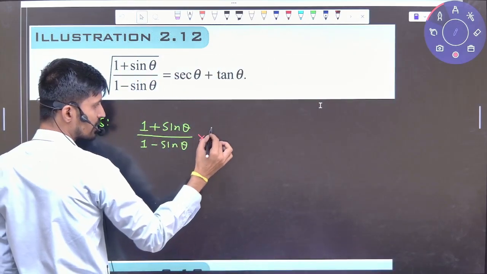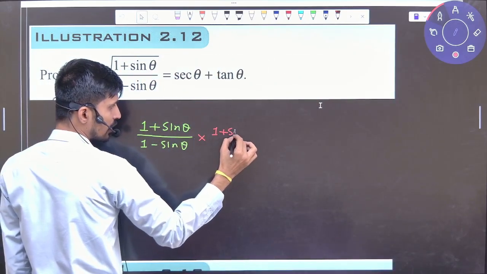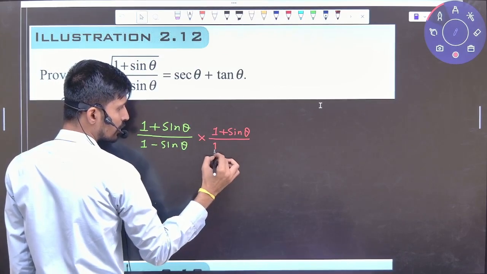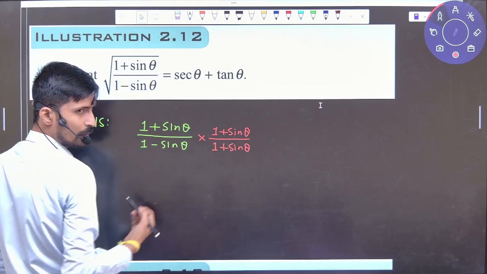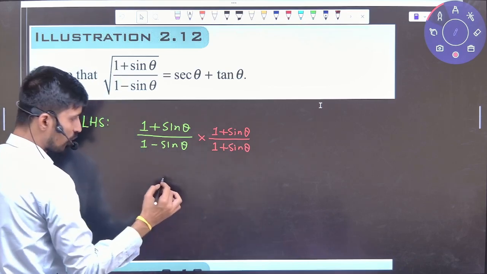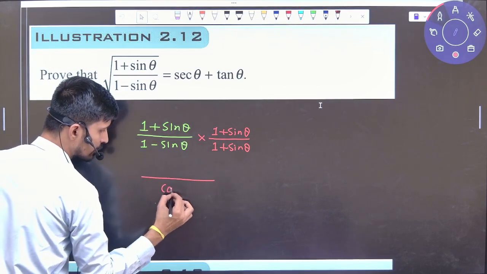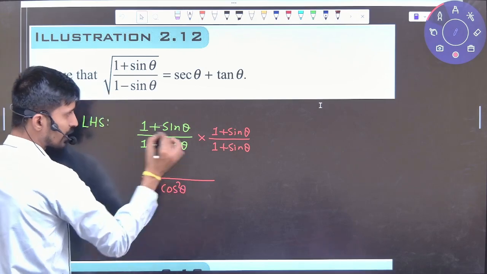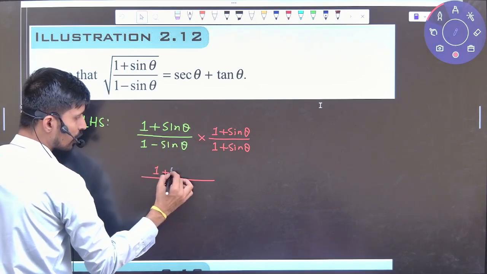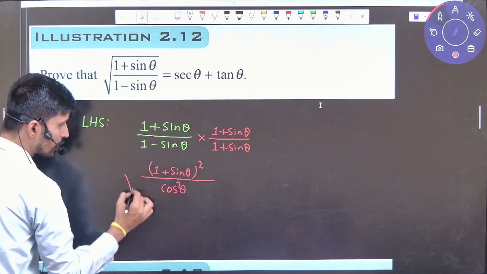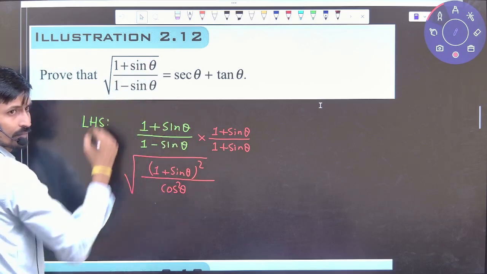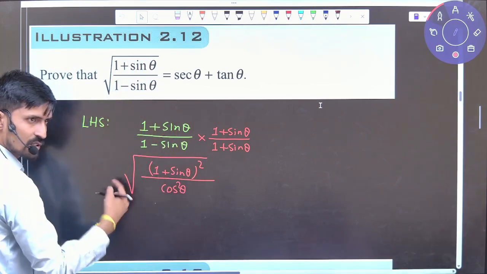1 plus sin theta upon 1 plus sin theta. Now 1 minus sin theta into 1 plus sin theta, what will it become? Cos square theta. And what will this become? 1 plus sin theta whole square. And in the question, a square root is also present, so the square and the square root will be removed.